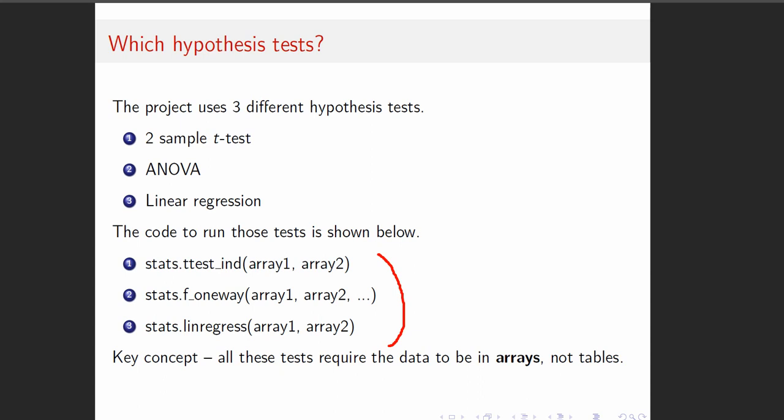Now it's nice because the data is broken down into arrays for me. After I do research questions 1 and 2, I have all the arrays I need. So that's a quick overview. I'm going to do another video to follow up with examples of a t-test, a linear regression, and an ANOVA. All right, I hope that helps. Good luck on the projects.